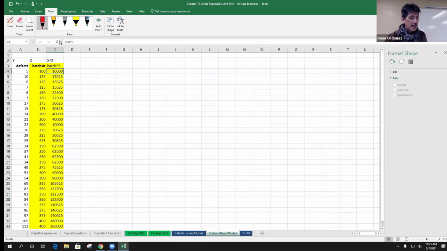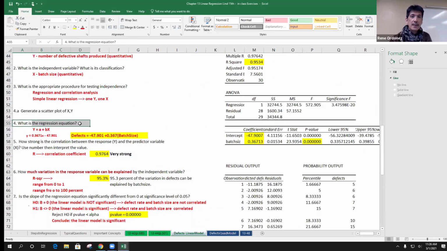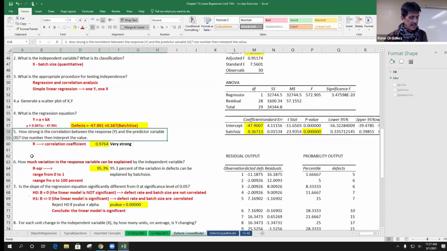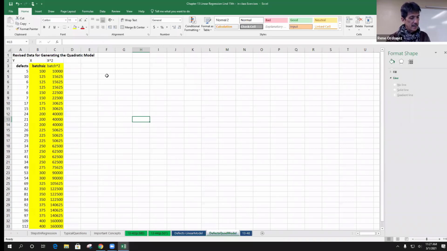You see that there's a formula in cell C4, and that is B4, which is 100, and then square that value. So we'll just call this the revised data for generating the quadratic model. So we'll go back to here. We are going to generate the regression equation, and this time using the quadratic model. And then we will answer questions 5 through 11 again, using this quadratic model.